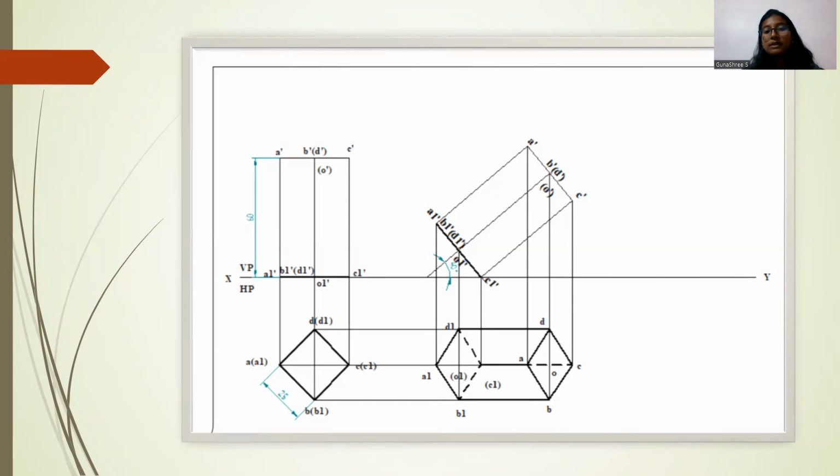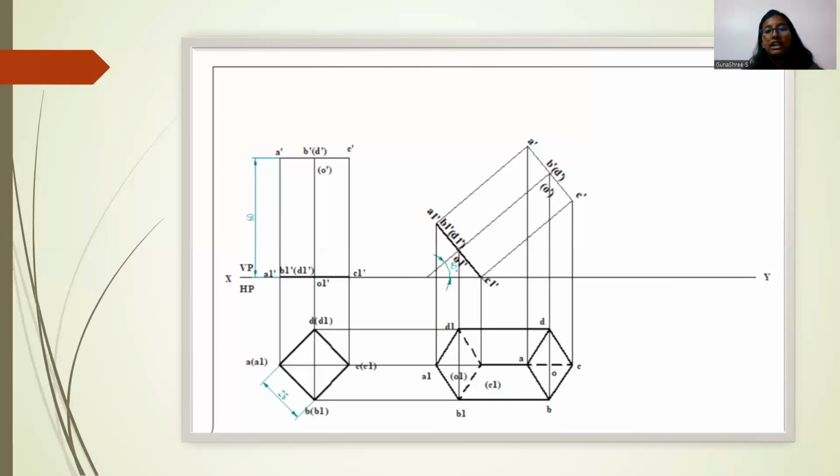From the previously drawn square, draw lines horizontally such that they intersect the previously drawn lines, and the figure is as shown here. The dotted lines represent that the points are not visible to the viewer.